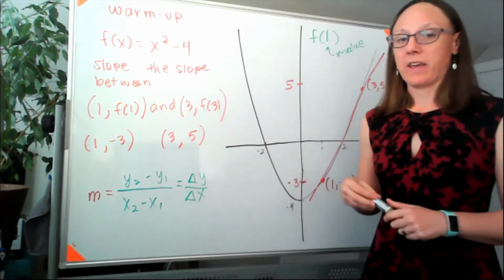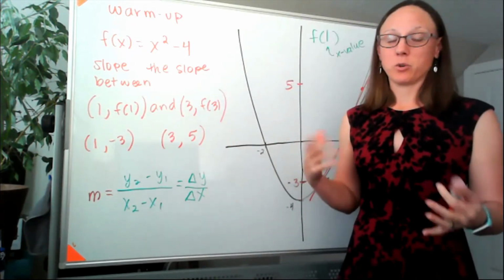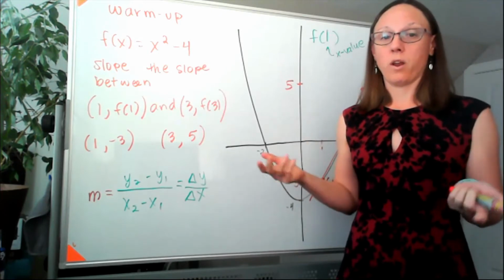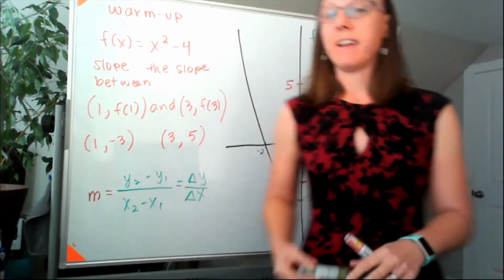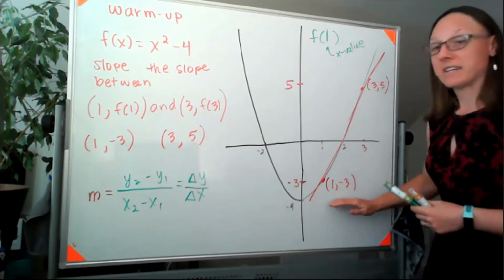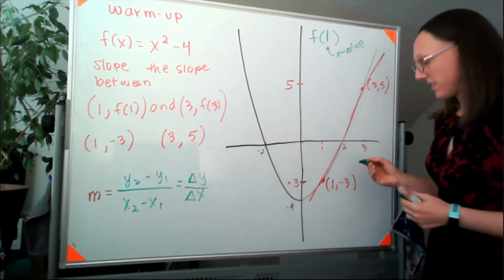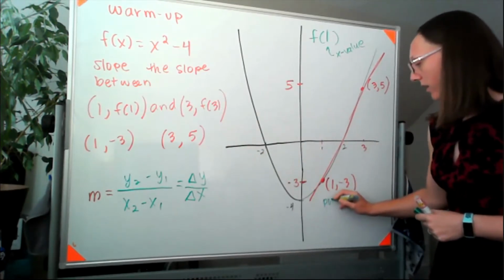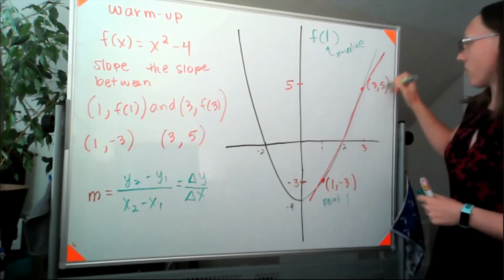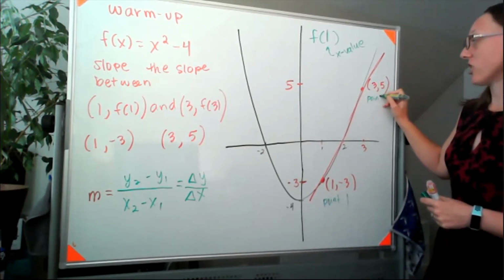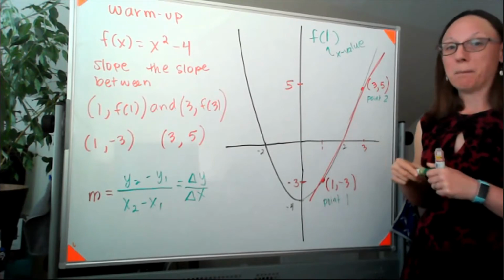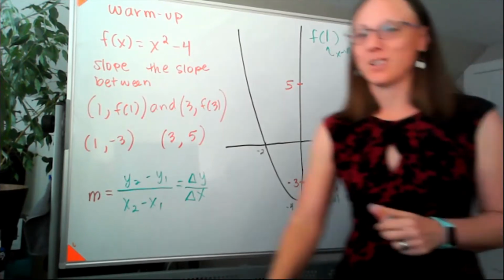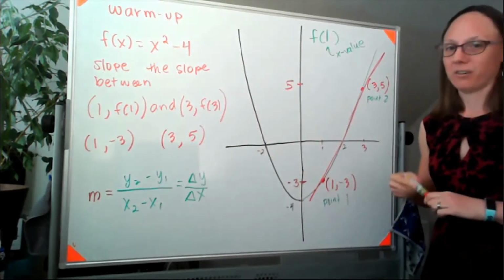Given the points we have, it doesn't actually matter which one of those we call point 1 and point 2. By convention, the point on the leftmost end we label as point 1, and on the right-hand side, by convention, we label that as point 2. But it won't actually matter as long as we keep them in the same order.